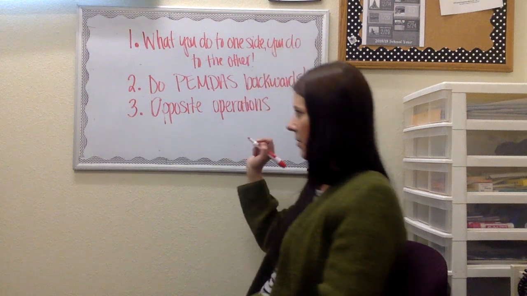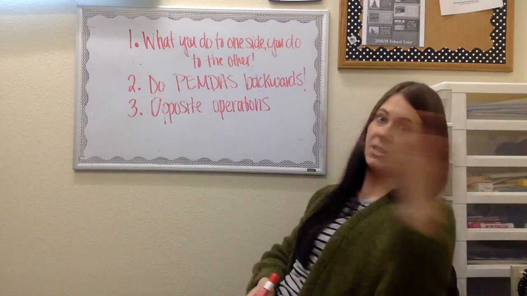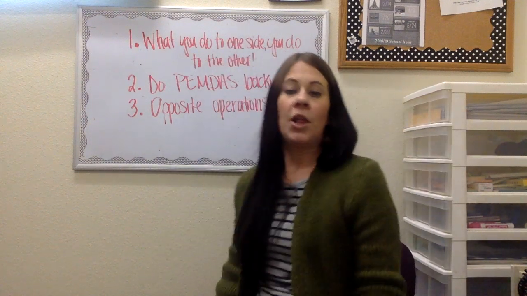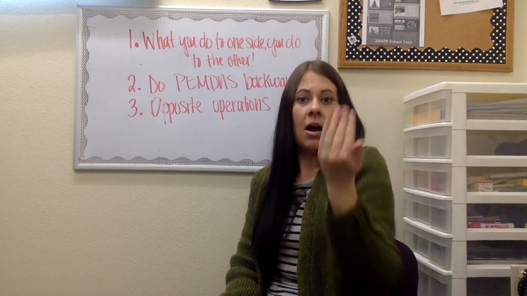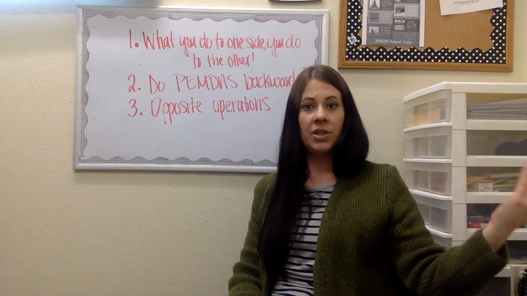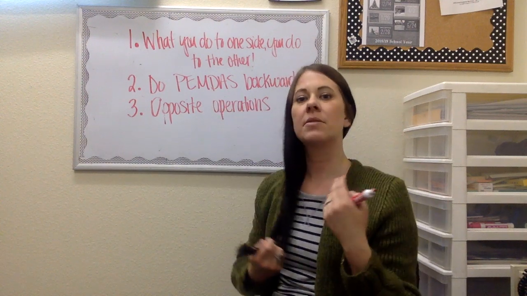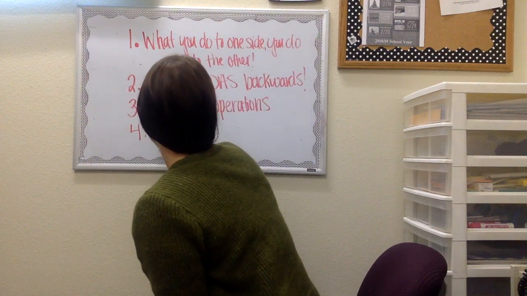Okay, if it's a +3, we -3. If it's divided by 2, we multiply by 2. If it's multiplied by 2, we divide by 2. So you're constantly looking at what's in the equation and then doing the opposite of it to undo the equation and get to your answer. Think of it like a puzzle. Opposite operations. Now, what we've been doing is combining like terms.